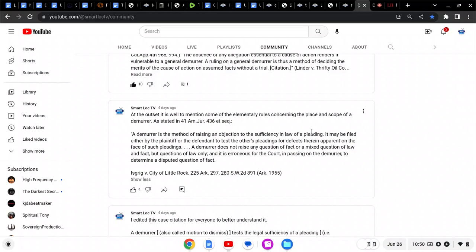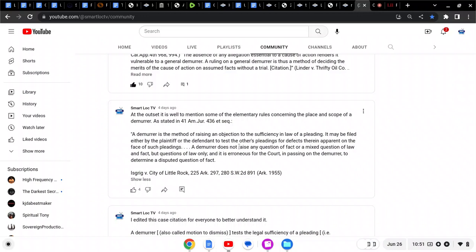So basically what you're saying is that their complaint against you, whether it be civil or so-called criminal, is legally insufficient as a matter of law. That is what you're saying when you're filing a demur or a motion to dismiss. It may be filed either by the plaintiff or the defendant to test the other's pleadings for defects therein apparent on the face of such pleadings.